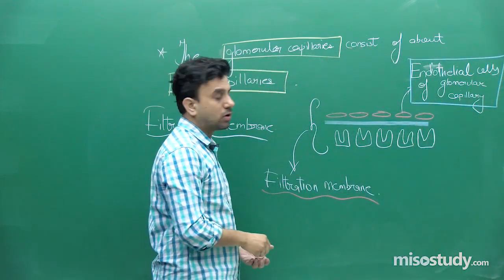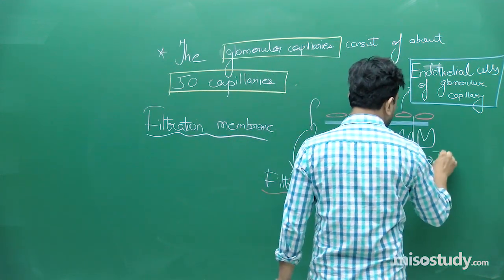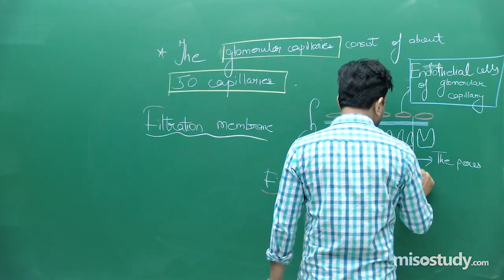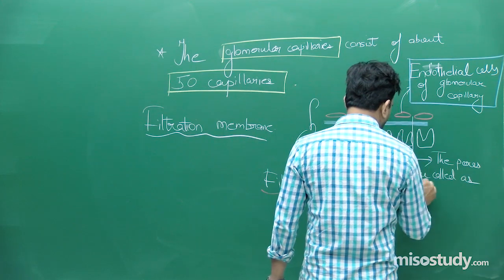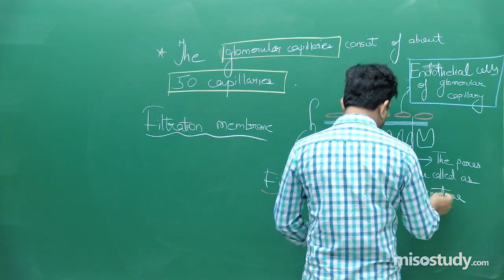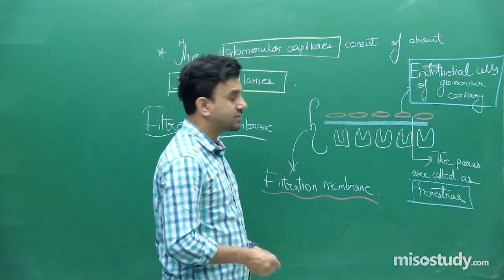Endothelial cells of the glomerular capillary, and what we see, these pores, the pores are called fenestrae.